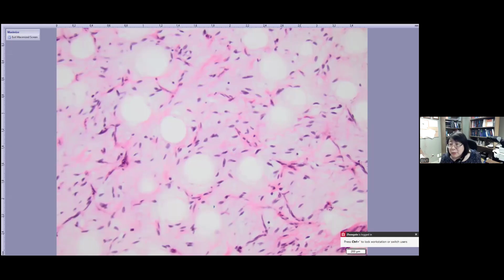So the key diagnostic feature right now is age. If it's a young infant, 1-year-old, 2-year-old, even 3-year-old, think about lipoblastoma. If older children, teenager, young adult, myxoid liposarcoma. So always put these two in the differential, and distinguish based on morphology, age, and molecular testing.